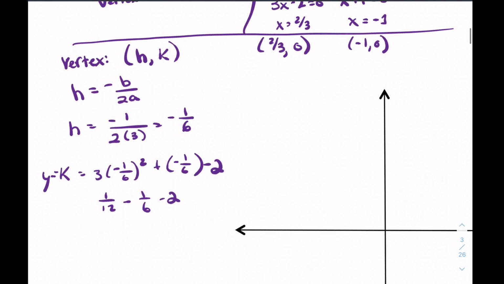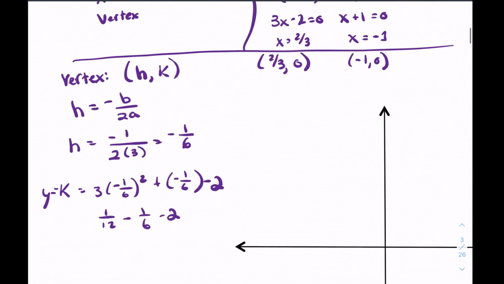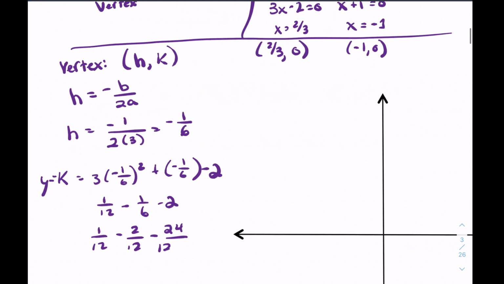Now, if you wanted to do this, let's get everything to have a like term. So I have 1/12 minus 2/12 minus 24/12. That's negative 26 plus 1 is negative 25/12. That's my k value.